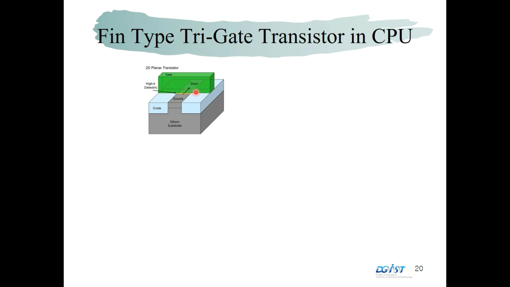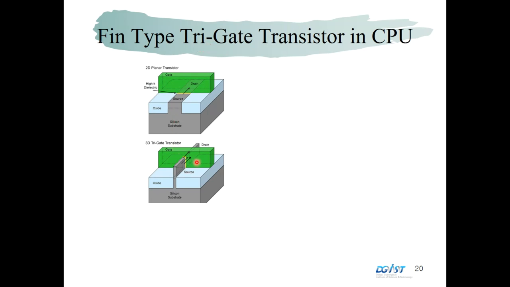But when we scale down the size of the gate, the width of the gate is getting weaker and weaker. So people had to come up with some idea to improve the performance of the transistor. So people designed the three-dimensional, what's called fin type tri-gate transistor.